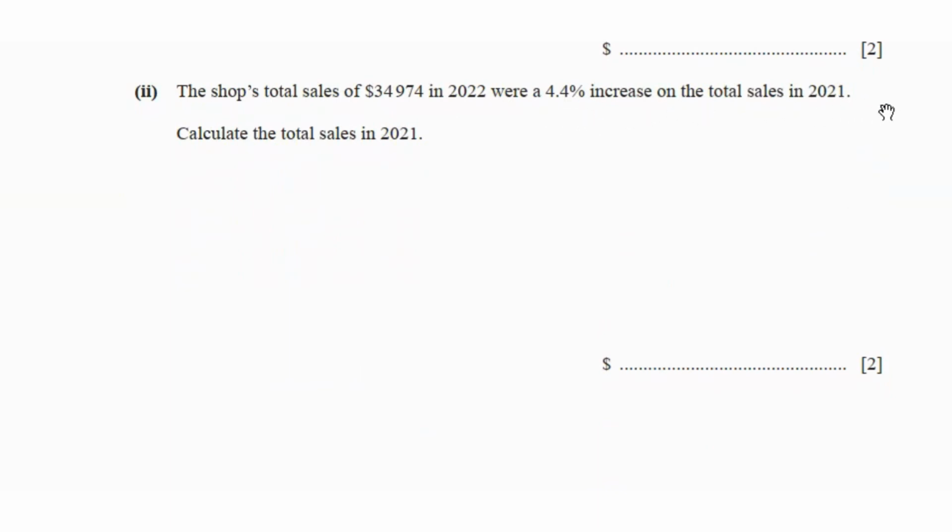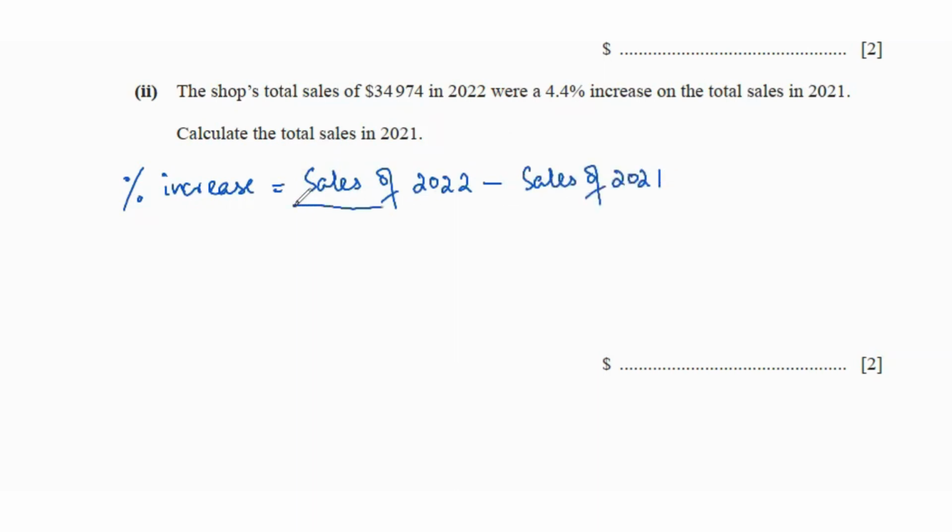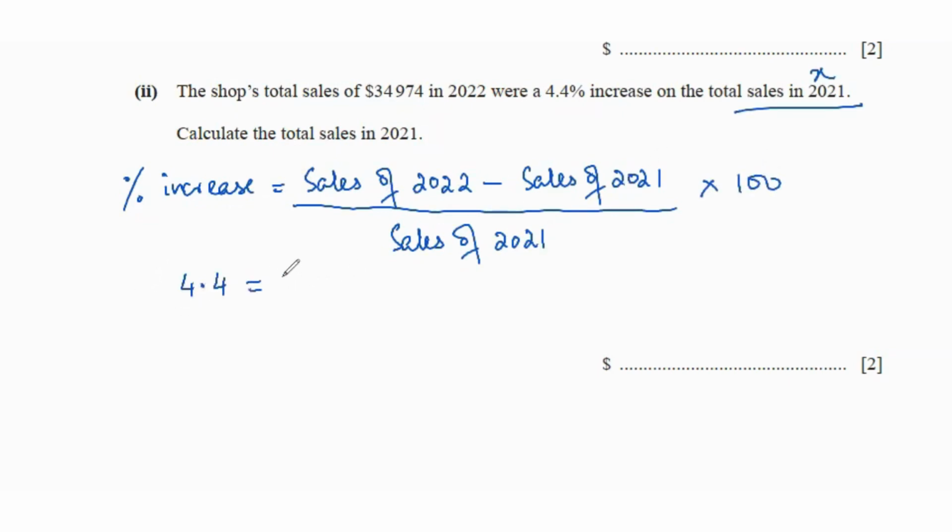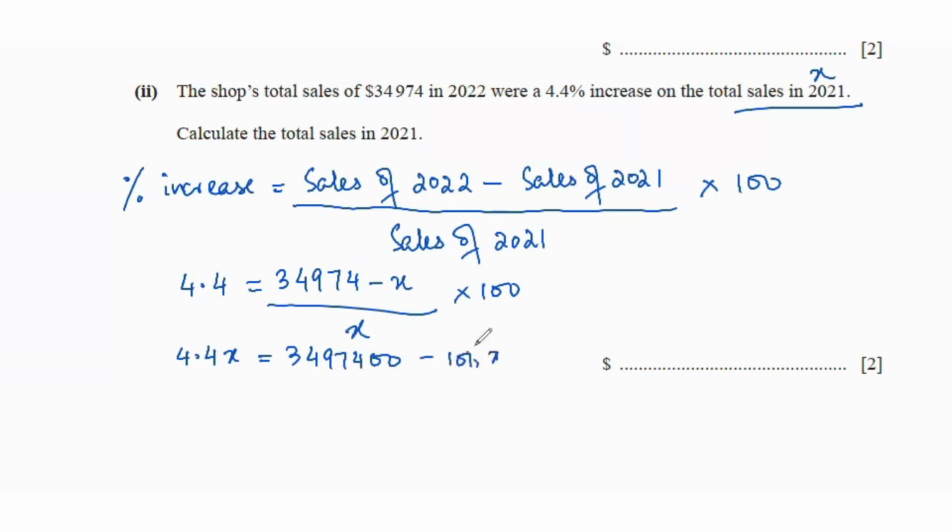And in the second part, it says the shop's total sales of 34,974 in 2022 were a 4.4% increase on the total sales in 2021. Calculate the total sales in 2021. Your percentage increase would be sales of 2022 minus sales of 2021 divided by sales of 2021 times 100. 4.4 equals 34974 minus x over x times 100. 4.4x equals 3497400 minus 100x.